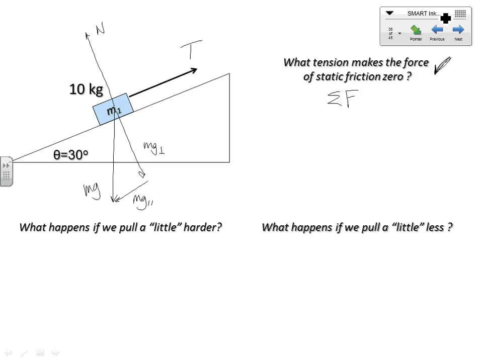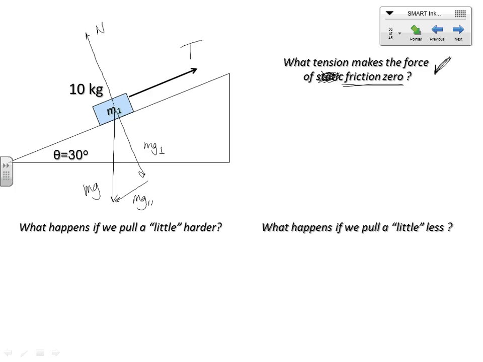We should point out, if there's no friction at all, static or kinetic, the only way for that to happen is, well, it can't be moving, obviously, and it's got to be in equilibrium due to something else.